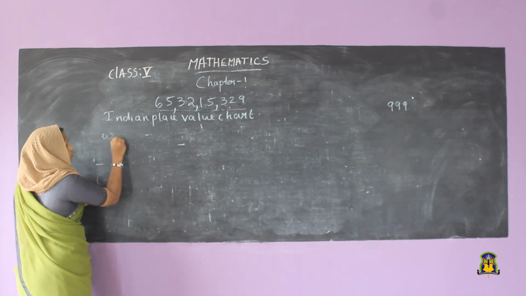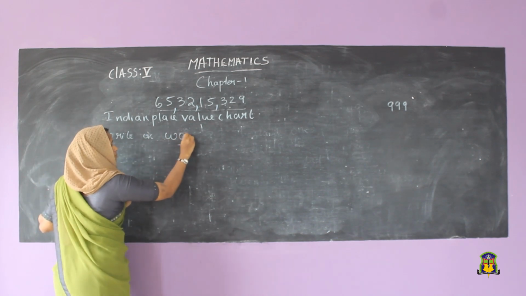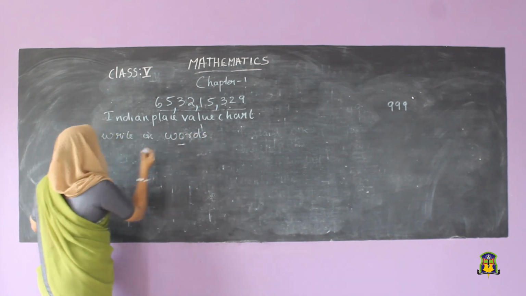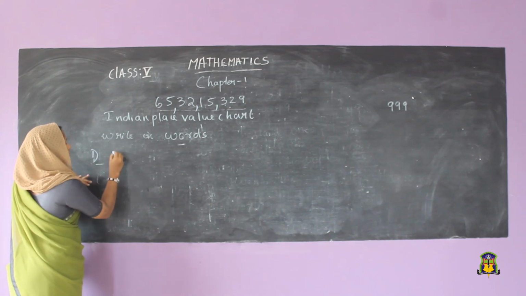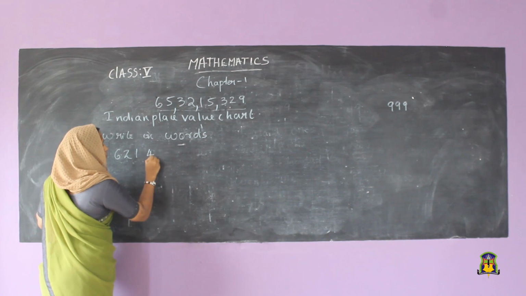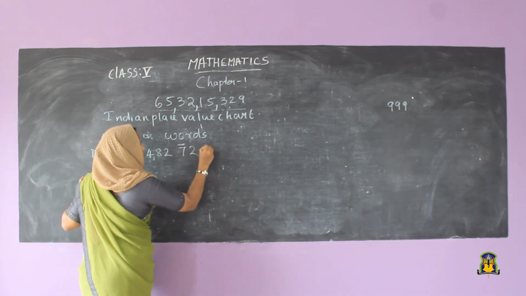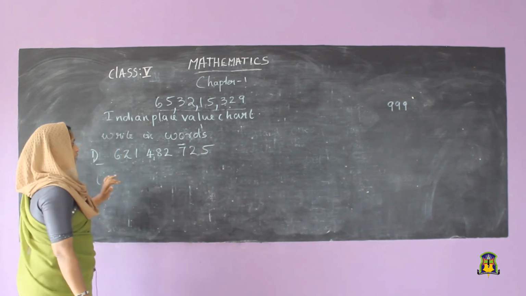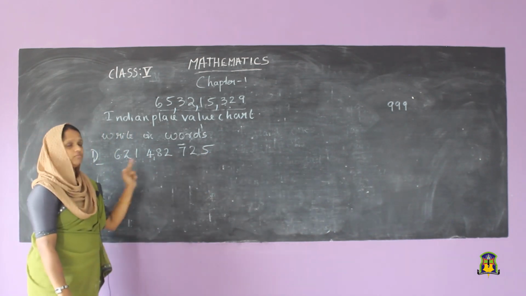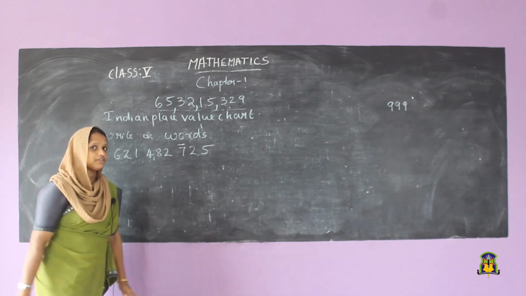Next, write in words. First question. Now we want to read this number. What is the first step?